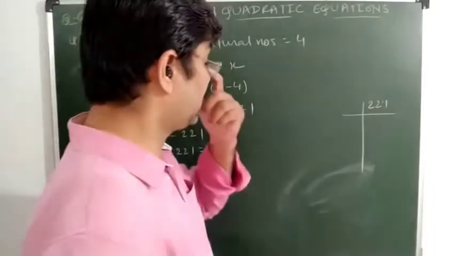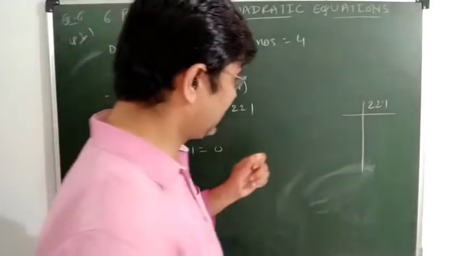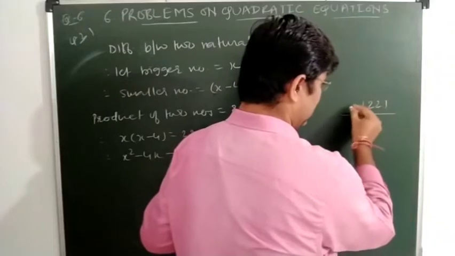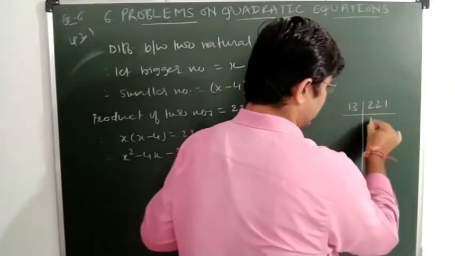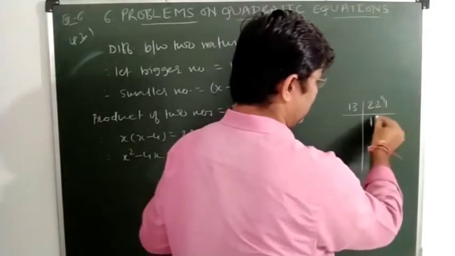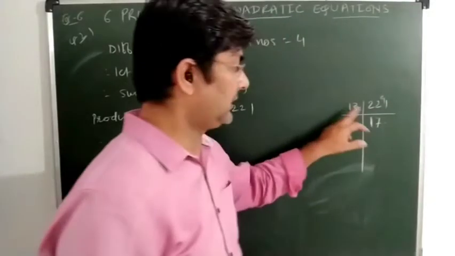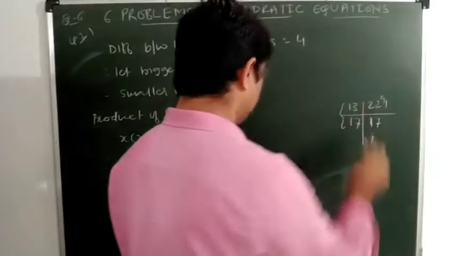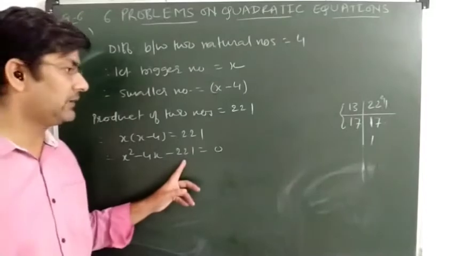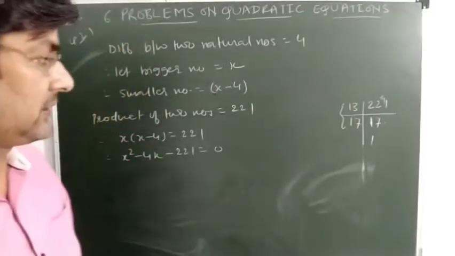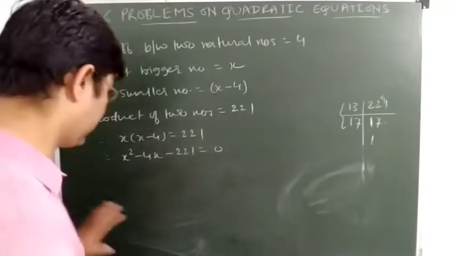What about 13? Yes, by 13 you can reduce this. 13 ones are 13, remainder is 9, 91, 13 sevens are 91. So 13 17s are 221 and 17 ones are 17. If you multiply 13 and 17, you will get 221, and if you take the difference, 17 minus 13, the answer is 4.